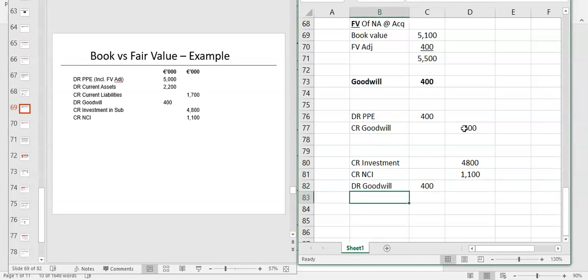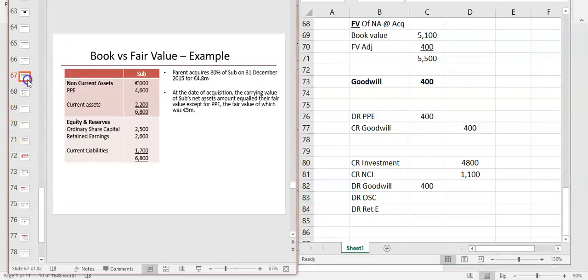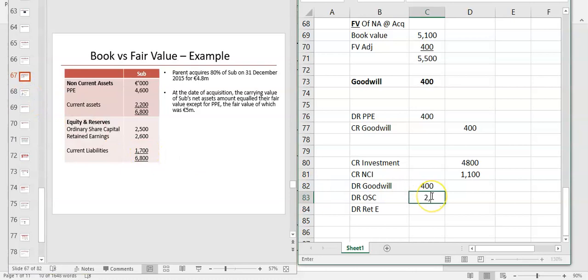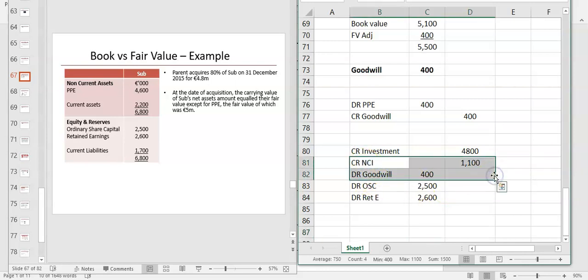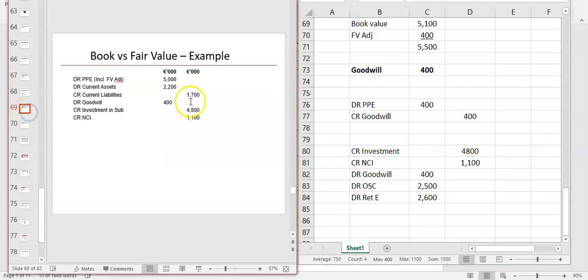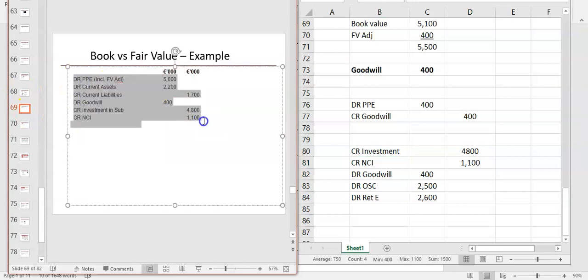And what you do instead is debit ordinary share capital and debit retained earnings at the acquisition date, which in our case, you get rid of the ordinary share capital, 2.5, and you get rid of retained earnings, 2.6. So that's an easier way to do it, where you're assuming that the parent and the sub have already been added together, and now you're removing what shouldn't be there or bringing in items that should be there, the NCI and the goodwill.